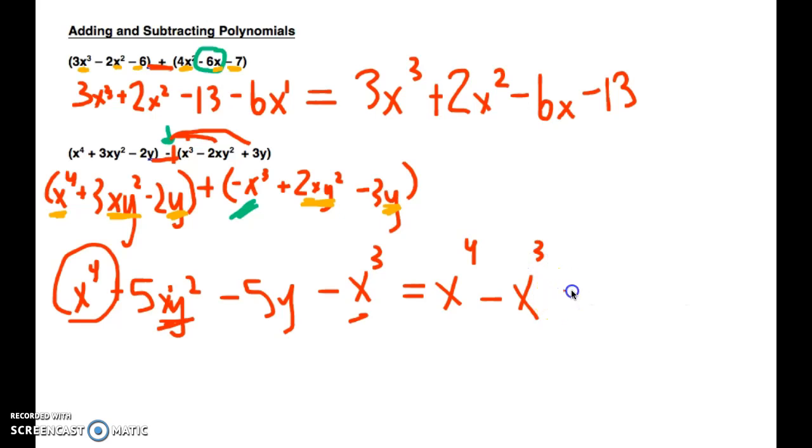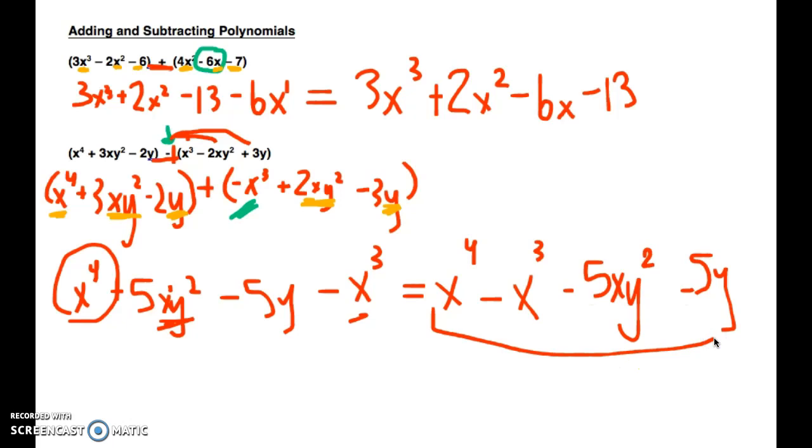And then I have a minus 5xy squared. And then, who's missing here? Mr. 5y, negative 5y. So there's my final answer, my final polynomial.